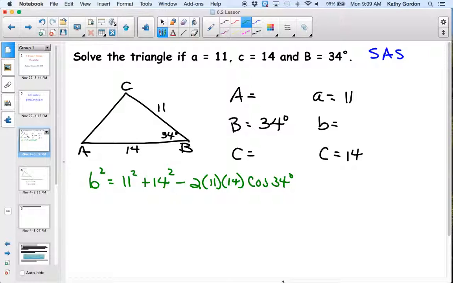What do you get from doing the right side? 11 squared plus 14 squared minus 2 times 11 times 14 times cosine of 34 degrees is 7 something?